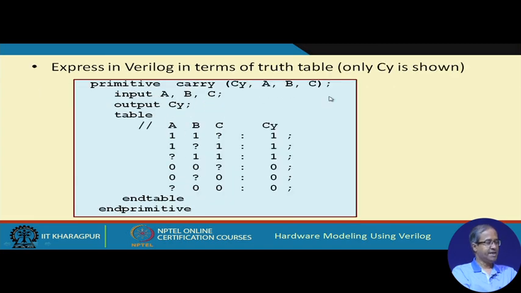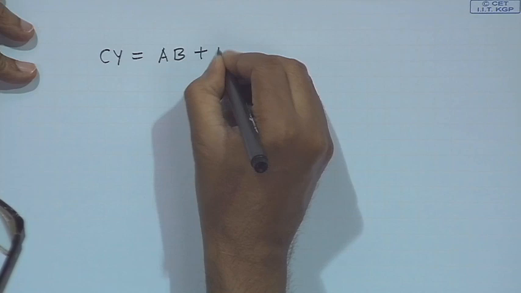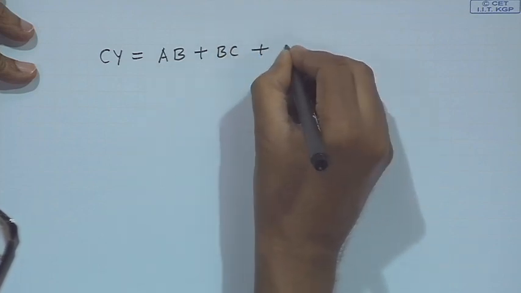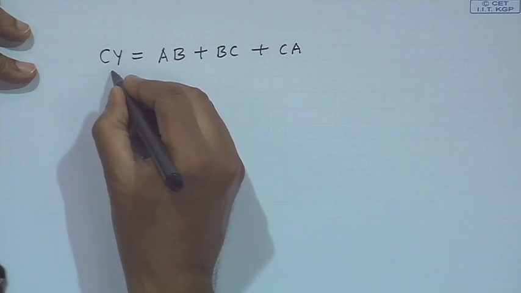Now, for this same design, the full adder, I am showing only one of the outputs, the carry. If you recall, the carry is nothing but AB or BC or CA. So, you tell me when the carry will be 1.